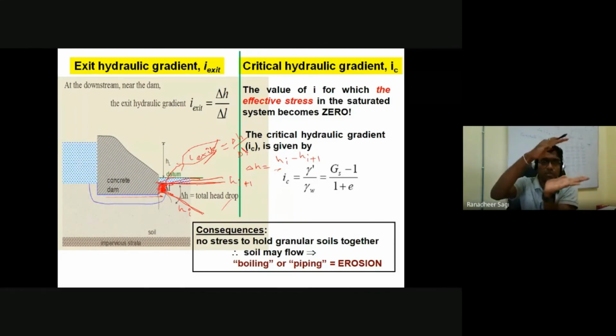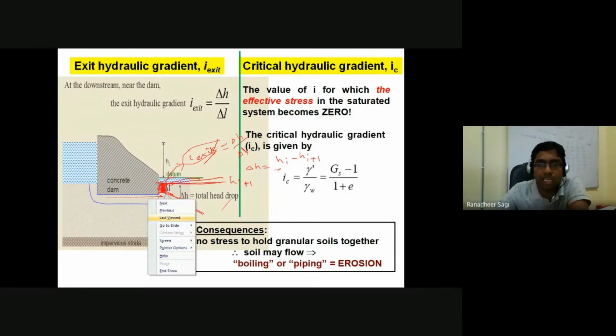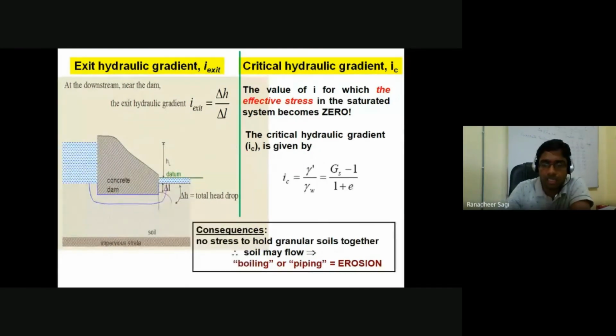In between these two equipotential lines you have your soil element in which the flow is taking place. So I can now say the total head loss which took place in the exit element, the element immediately on the downstream side, only in that particular element, I am writing as delta H.